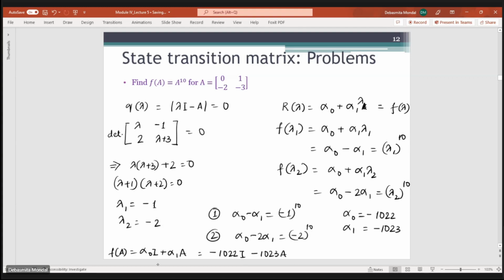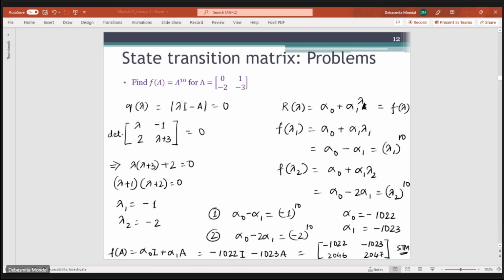You can simply substitute these two values, do the addition, and you will end up with the state transition matrix, with the values minus 1022 minus 1023, then 2046 over here and 2047 over here. So this is basically the state transition matrix for this system. So the steps are, first of all, find the eigenvalues of the matrix.